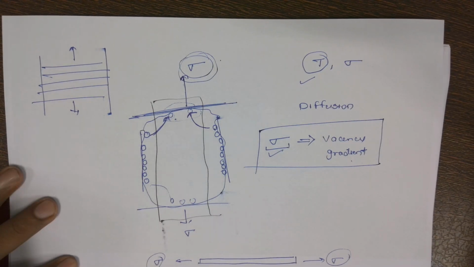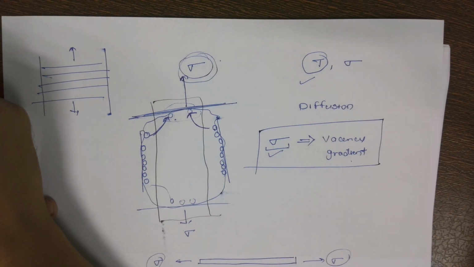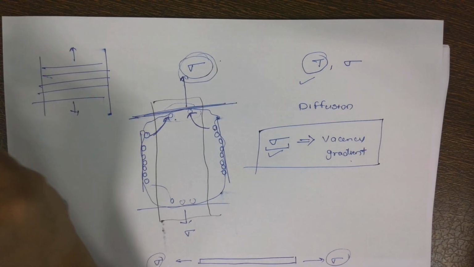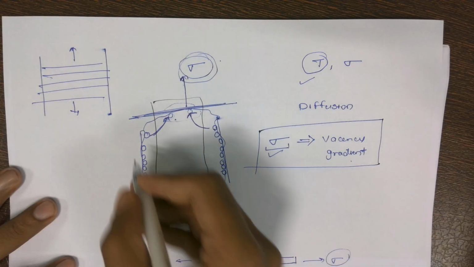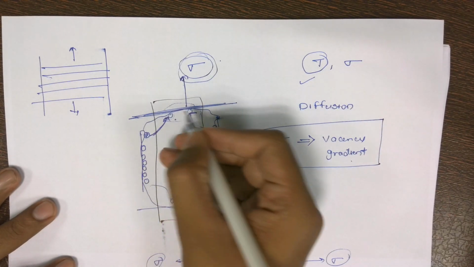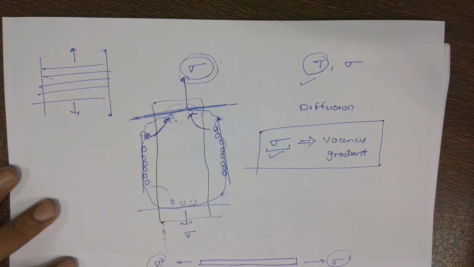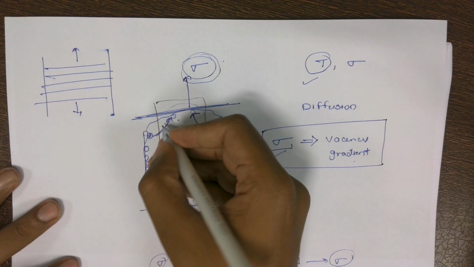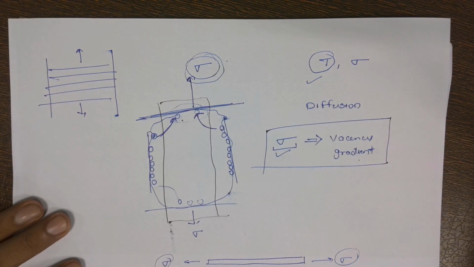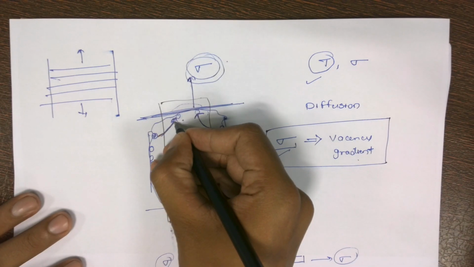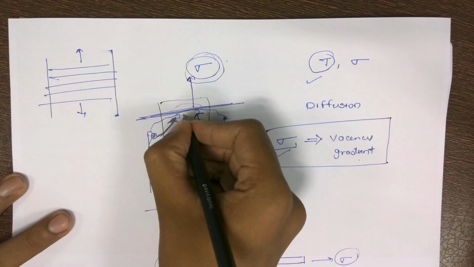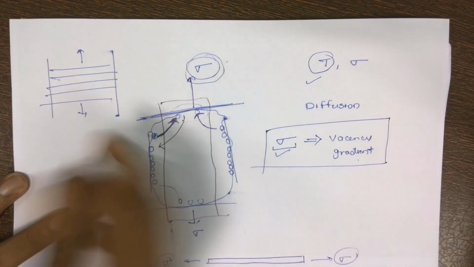Now, whenever the gradient is there, diffusion will happen. We saw in the class on diffusion that whenever we create a gradient, here the atom was there, here the atom was not there, let's say. We are trying to expand this particular grain boundary, so it will go. So what will happen? Atoms are moving in this particular direction, but the vacancy will move in this direction.